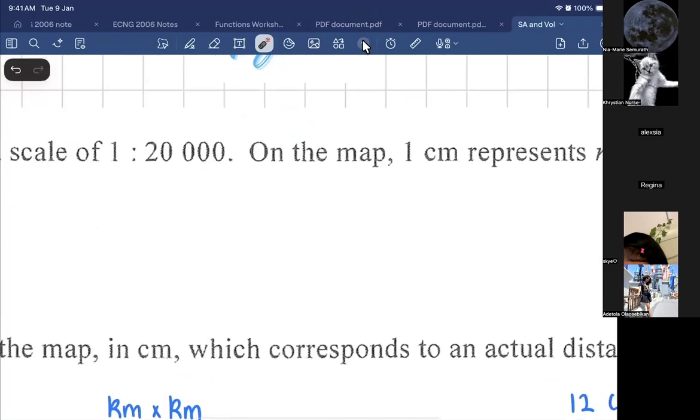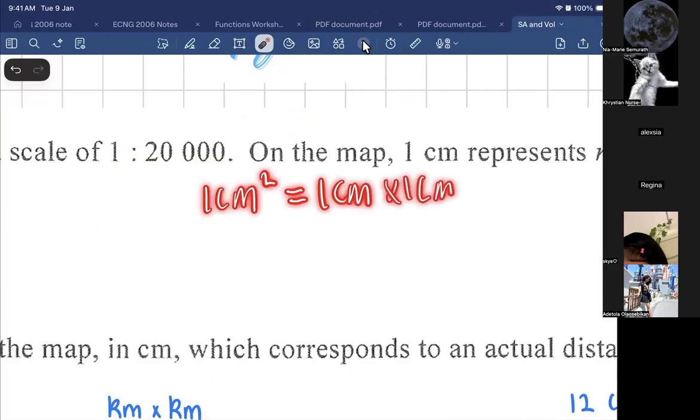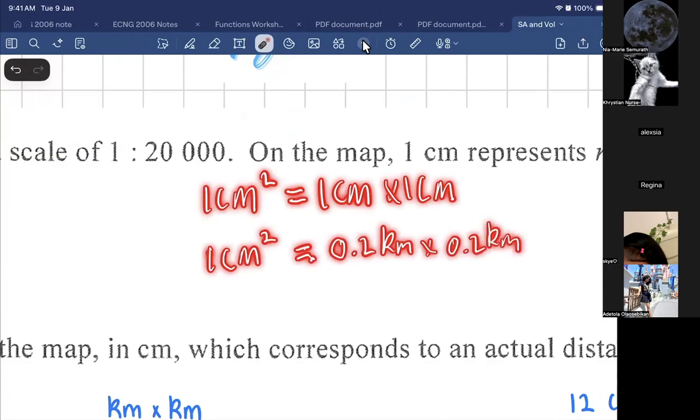Let me continue. I was talking about 1 centimeter squared, and we said 1 centimeter squared will be 1 centimeter by 1 centimeter. And we know that 1 centimeter is actually how many kilometers in real life? 0.2. So it's 0.2 by 0.2, which is 0.04.